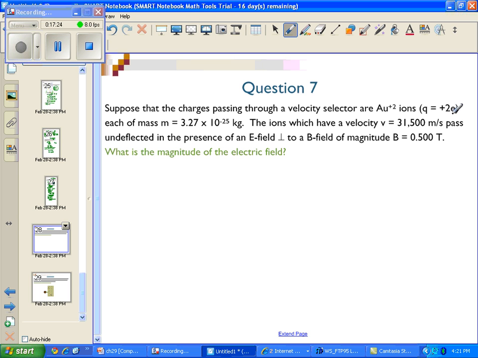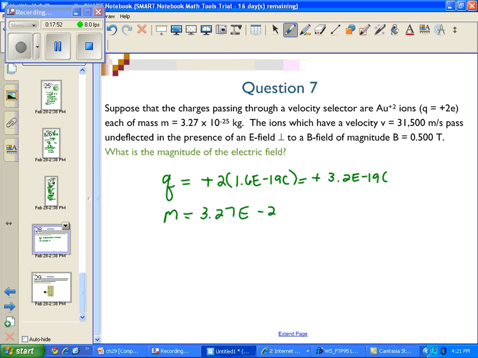In other words, it's lost 2 electrons worth of charge. So the q of this ion is +2 times the e, 1.6 e to the minus 19 coulomb, giving us a plus 3.2 e to the minus 19 coulomb. The mass of each of these ions is 3.27 e to the minus 25 kilograms.